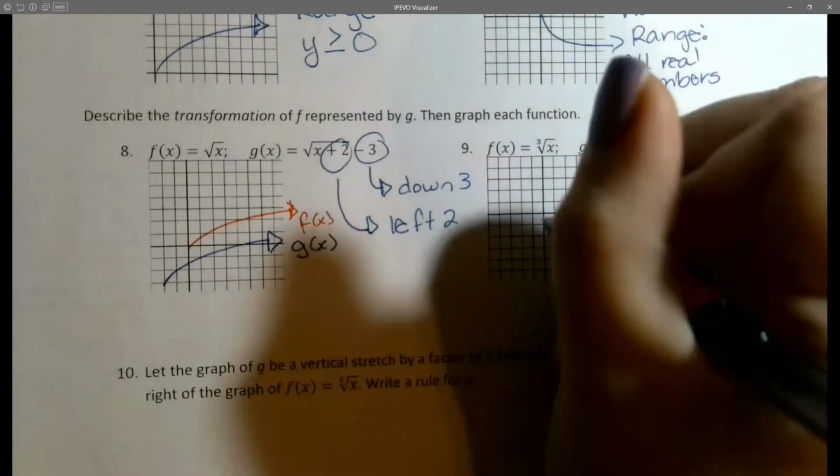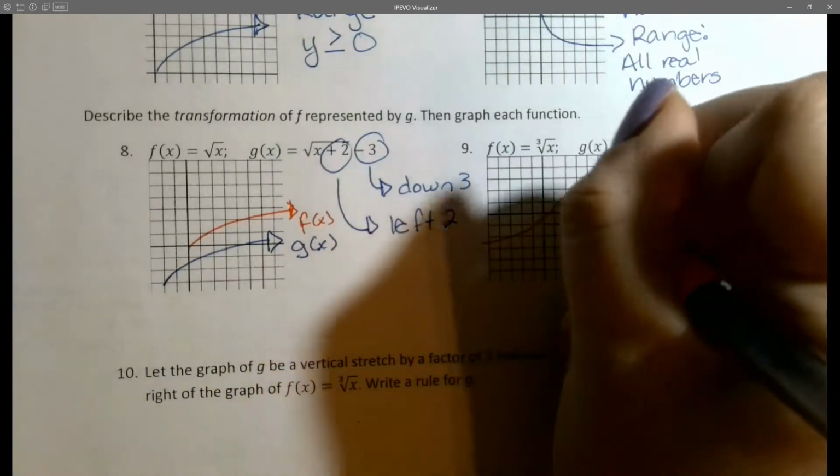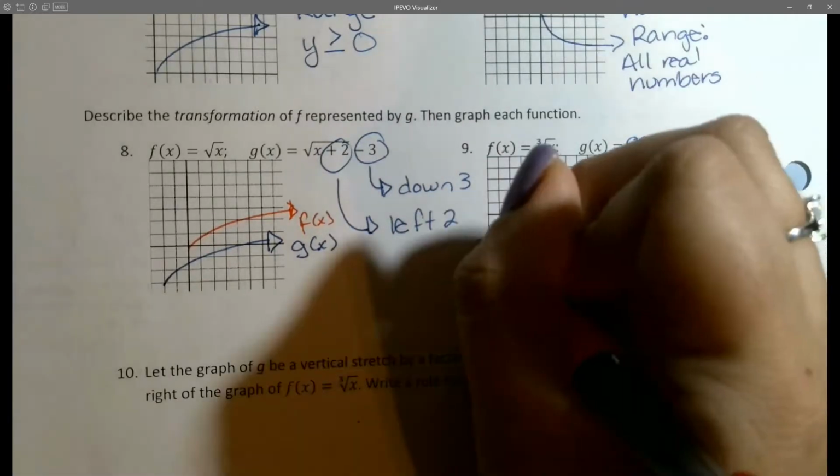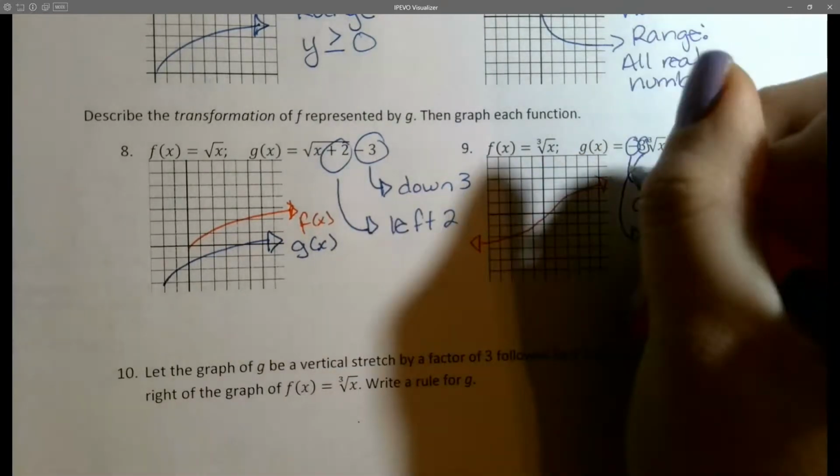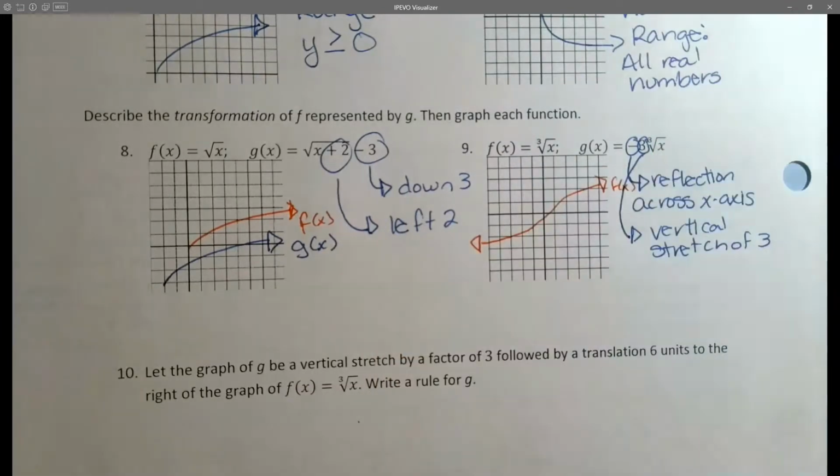So here I am going to draw my f of x. And then my g of x is going to reflect this across and have a stretch of 3.